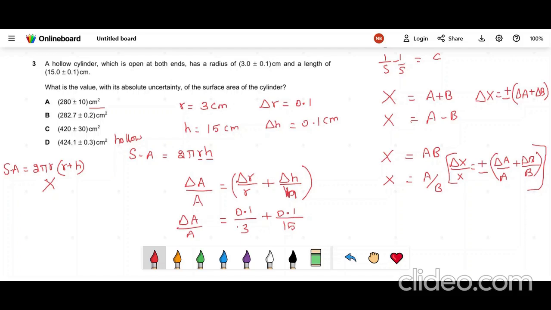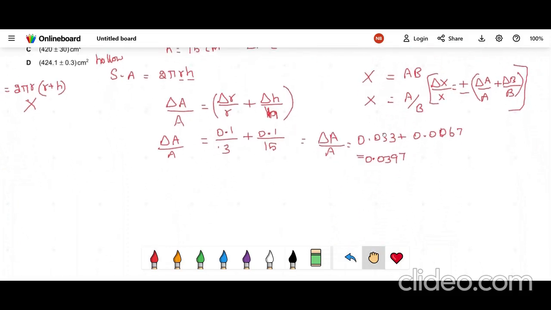If you are doing all these things, you will get delta A by A equal to 0.033 and then 0.0067. If you are adding that one, you will get 0.0397, right?